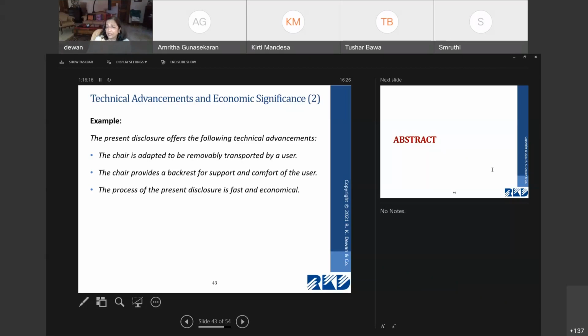So when you say example, that means it is an experiment I have done. Or if it is an apparatus, this is something that I assembled. I made a chair. So when I'm going to write about that chair, about the process of making the chair or about the components of the chair, it needs to be in past tense. First important thing, because this is something that we have done.